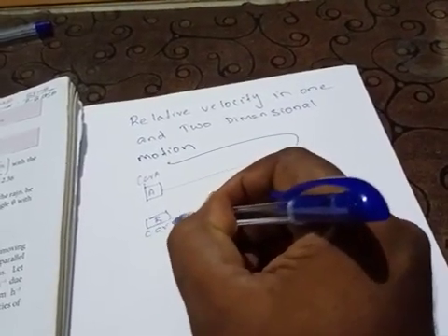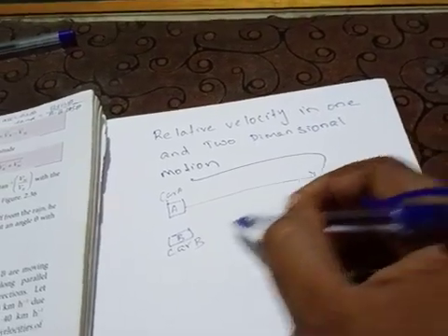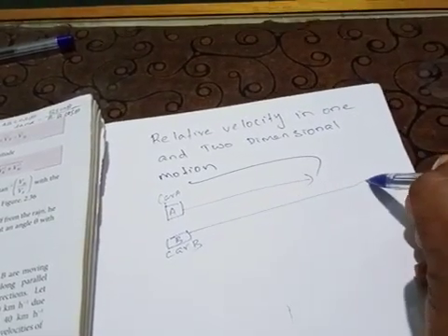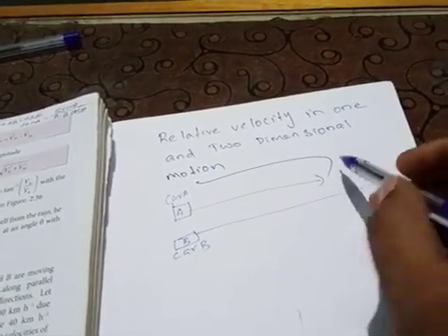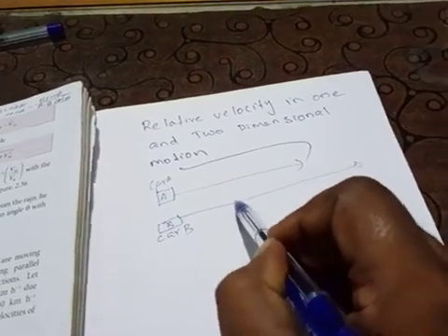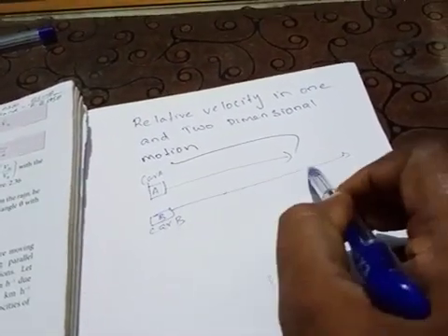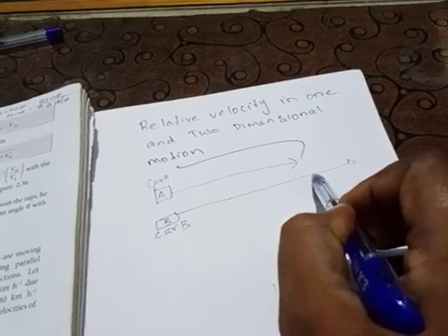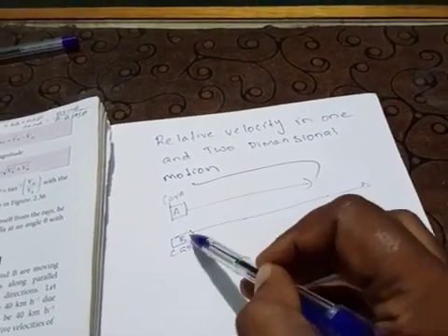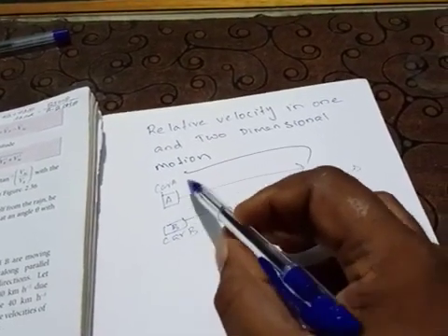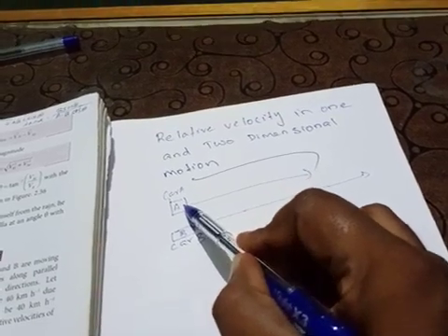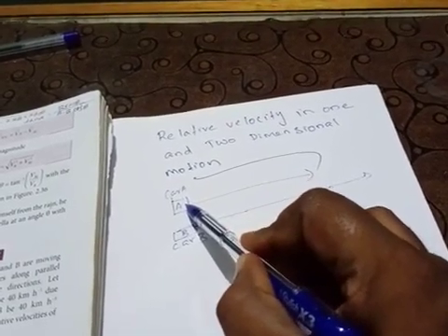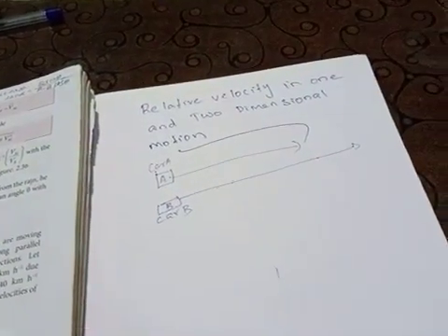Another car B is going like this. Now you see two cars on the same track moving with different velocities. Suddenly you will compare this car B's velocity with respect to your car A. Isn't it?